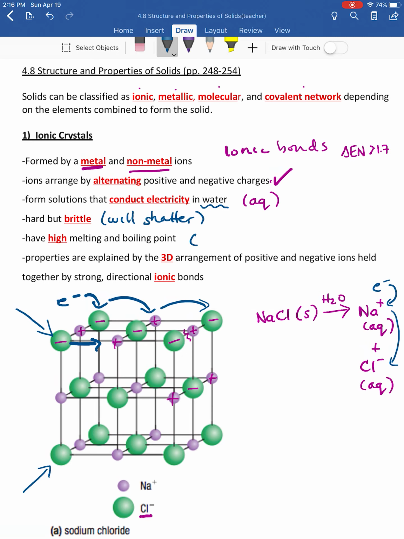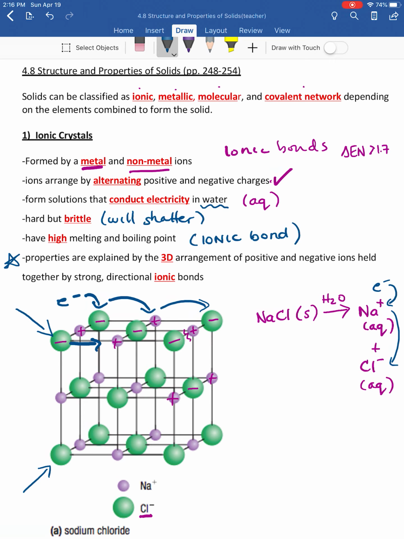Okay? They have a high melting and boiling point because we're talking about an ionic bond. And we know ionic bonds are very strong. We're not talking intermolecular forces here. We're talking actual covalent or ionic bonds, super strong. Okay? So, summary, the properties are explained by the 3-dimensional arrangement of our cations and anions that are held together in a specific order.